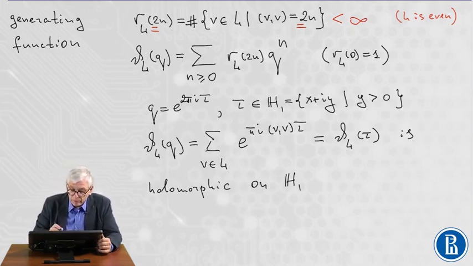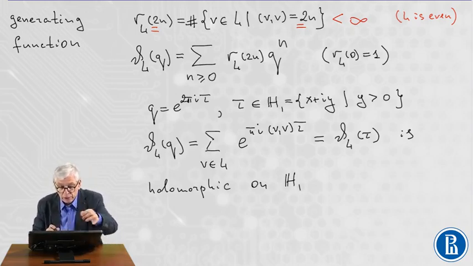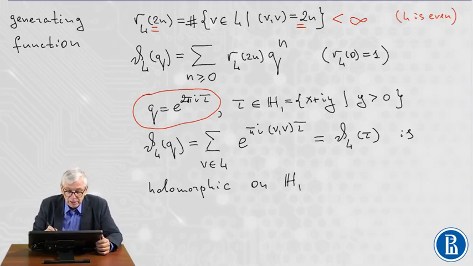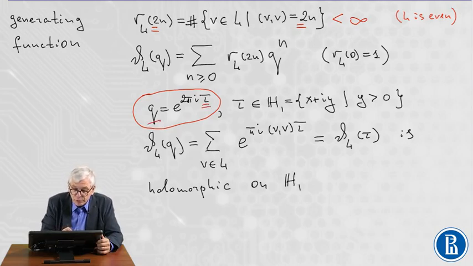Moreover, how to understand this transformation from tau to q?